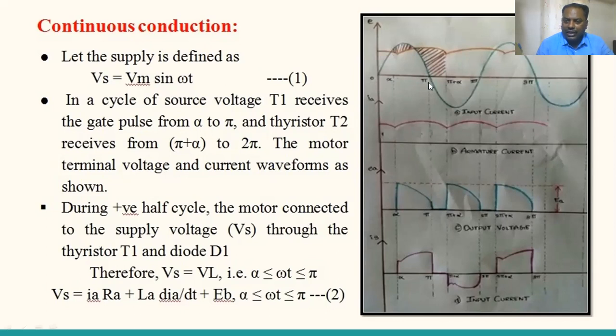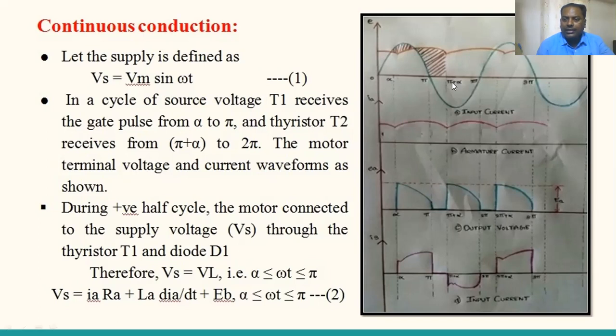This tends to change the back EMF, so the motor freewheels through the freewheeling diode because no switch is in conduction. So from pi to pi plus alpha, no device is conducting, but the motor changes its current path from the source to the freewheeling diode so that the current will continue, but the average output voltage becomes zero because the motor terminals are shorted through the freewheeling diode.